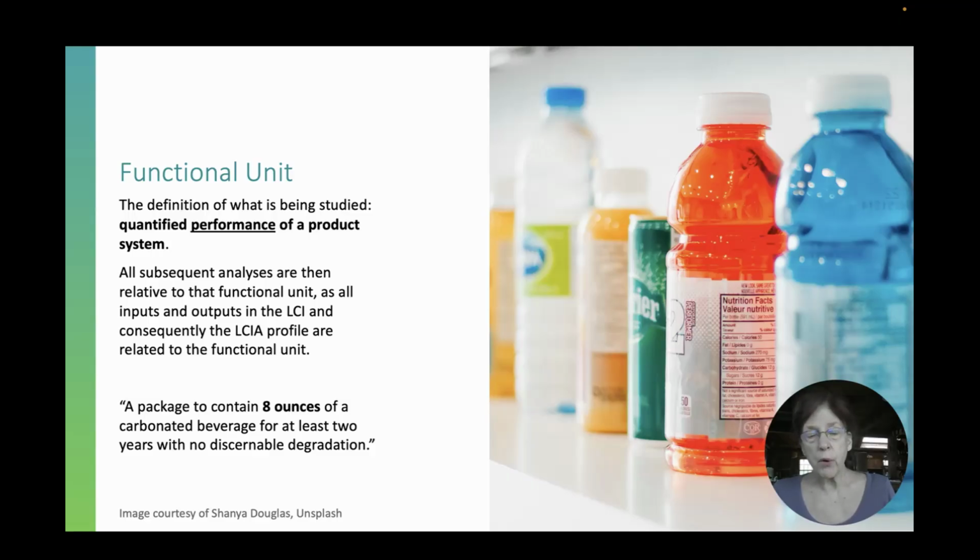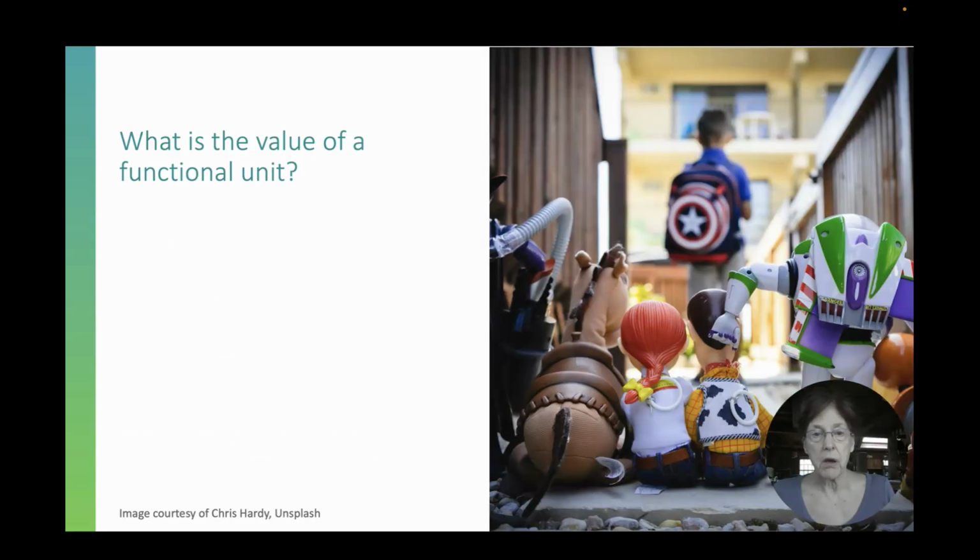So we're going to include that performance, but also we're going to quantify it now. So we're going to say 8 ounces of a carbonated beverage in our functional unit. That way, I can compare an 8-ounce container with a 10-ounce container with a 2-gallon container, right? I can look at all of those and understand what's going on.